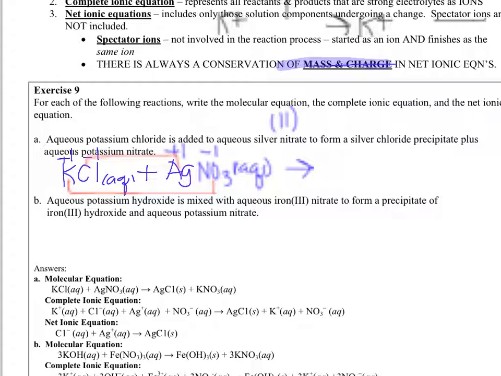So my insides are silver chloride, silver +1, chloride -1. Halides, we said, were soluble unless they're paired with a heavy metal. Silver is a heavy metal, so I get a solid.